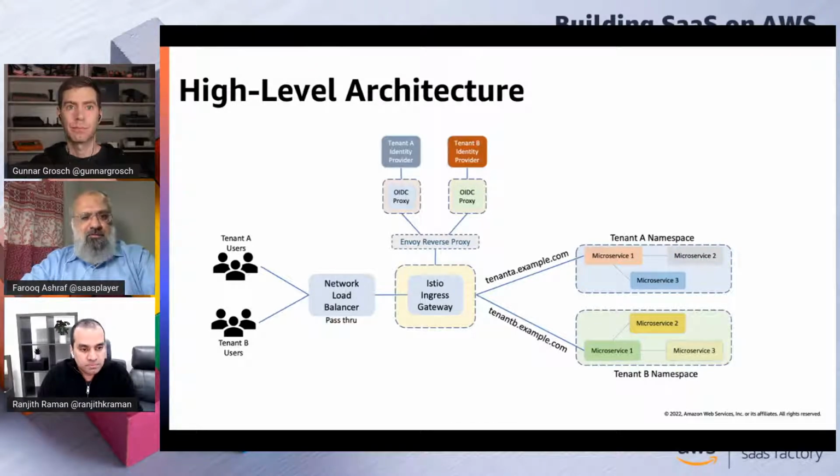One of the 12-factor app principles is around backing services. So we're putting these identity providers as backing services here and moving that functionality out of the application to the layer that is built out of the Istio Ingress Gateway, the Envoy proxy, the OIDC proxy, and the identity providers.